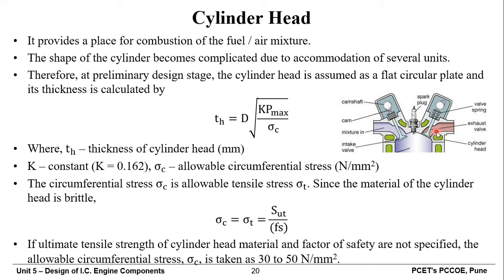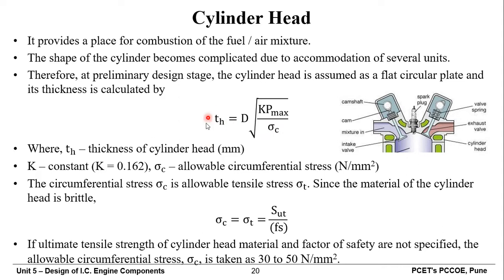As we are looking only at the preliminary design, we assume the cylinder head is a flat circular plate. Then the thickness of the cylinder head can be calculated by D into the square root of k, where k is a constant taken as 0.162, multiplied by Pmax, the maximum pressure developed inside the cylinder, divided by the allowable circumferential stress.